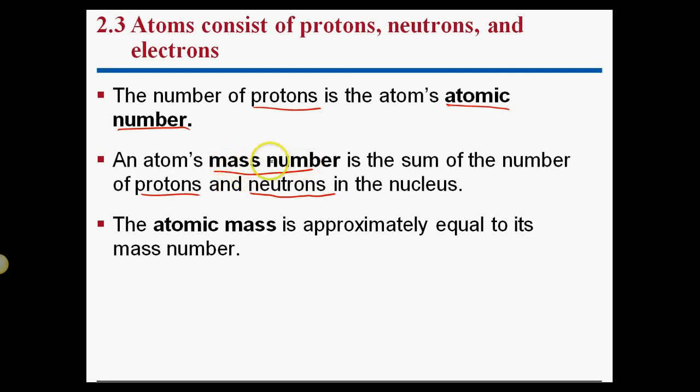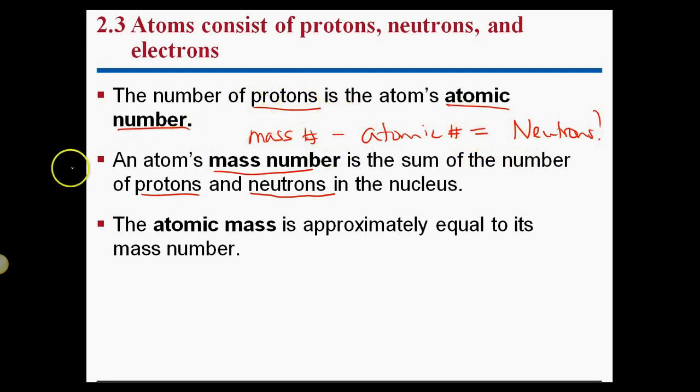If I've got mass number, which is protons and neutrons, and I have atomic number, which is just protons, how on earth do I find the neutron number? Think about it. Mass number minus atomic number will give you the number of neutrons. Simple math.